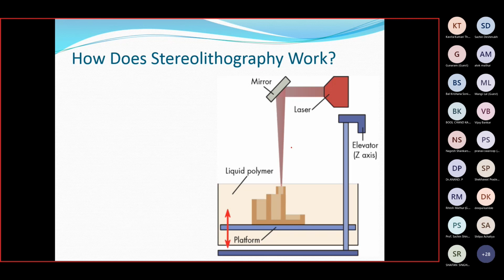In this printer, the above part has a laser, and this laser projects light onto this mirror, and that mirror reflects the light onto this liquid polymer. This is one tub.